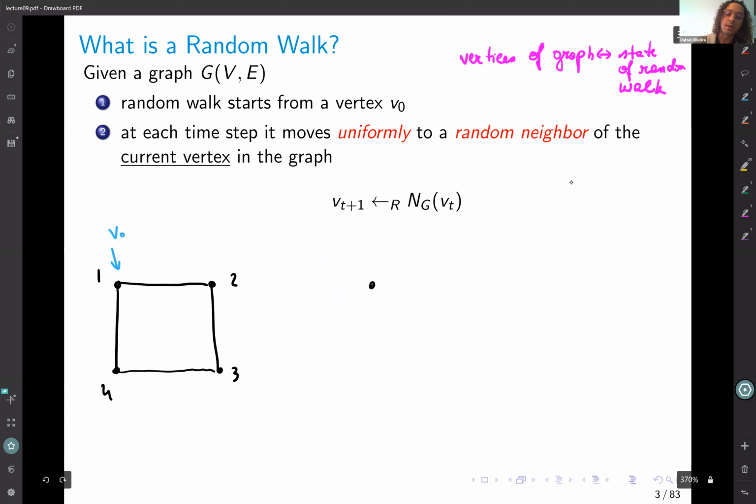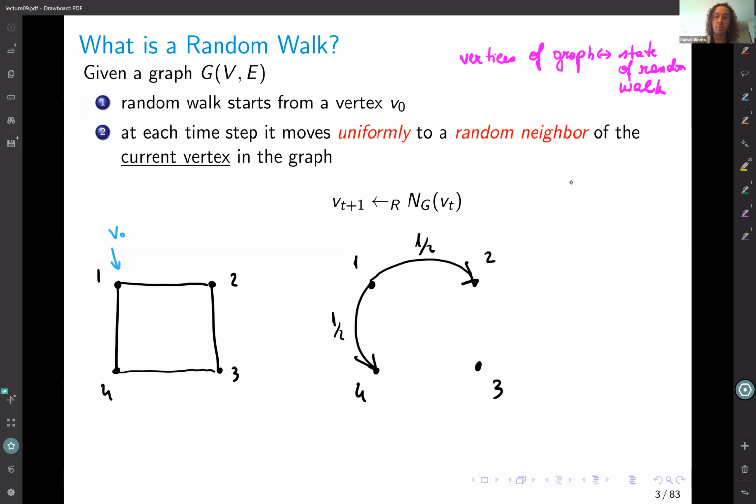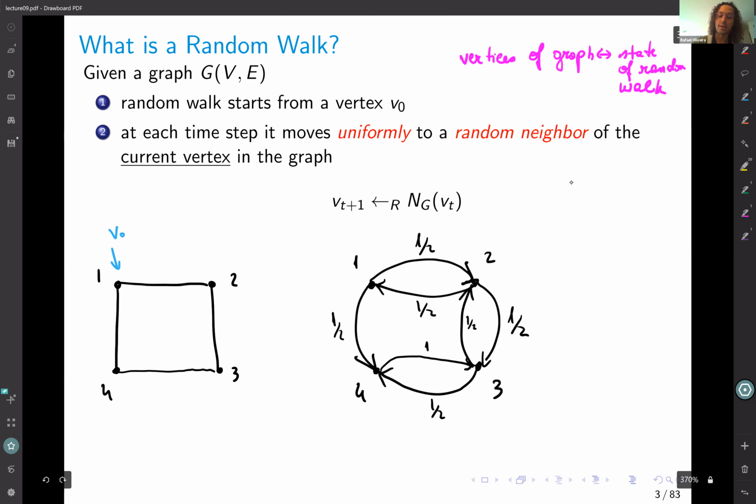So we have 1, and then 2, 4, and 3. With 1, we move with probability half to vertex 2, with probability half to vertex 4. From 2, with probability half, I move back to 1, and with probability half, I move to 3. At vertex 3, with probability half, I'll move to 2, and with probability half, I'll move to 4. And at 4, with probability half, I'll move to 3, and with probability half, I'll move to 1.